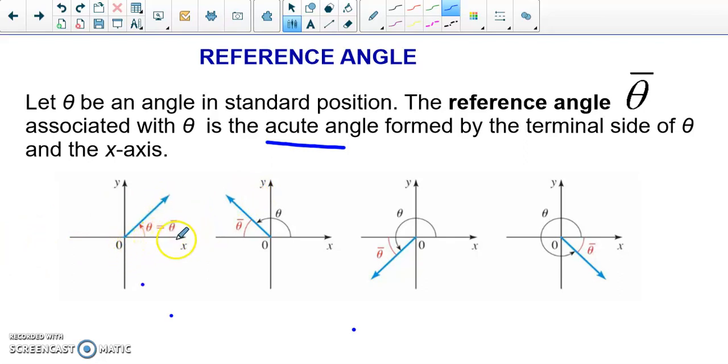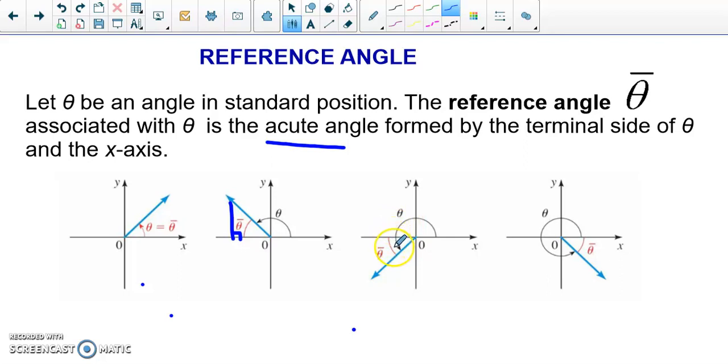If it's in the second quadrant, you drop down the side toward the x-axis and make a right angle to it, and this is your reference angle. If your angle is even larger and it goes into the third quadrant, then you draw a side from that terminal side and make again a right angle with the x-axis, and this is your reference angle.